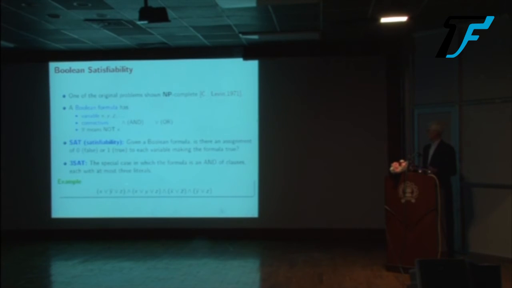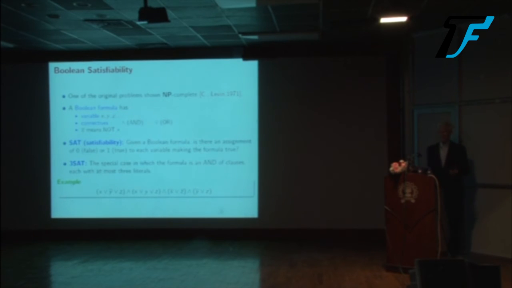Even the special case of 3-SAT is NP complete. In 3-SAT, you're given a formula that looks like this. It's in conjunctive normal form. That means it's an AND of clauses, and each clause has at most 3 literals in it. So x or not y or z is a clause. You can have up to 3 of these literals in a clause, but you could also have 2. And then the question again is: is it satisfiable?